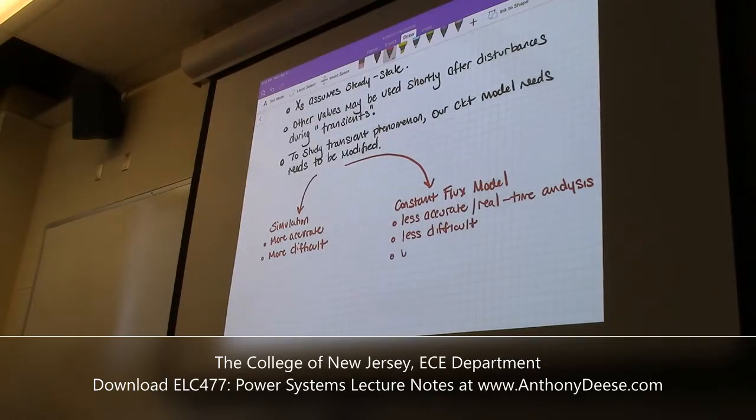And it's going to use some assumptions. Again, spelled that wrong, but so simulation or something called the constant flux model, which we haven't introduced yet.